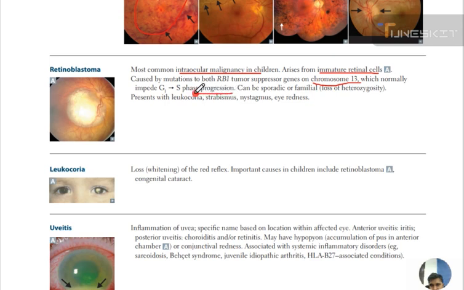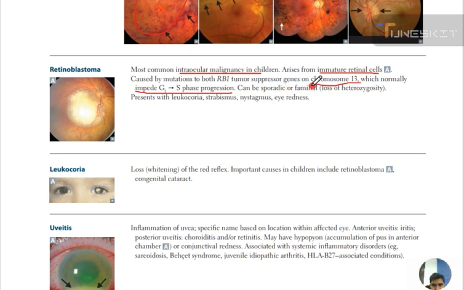So the tumor suppressor gene which impedes G1 to S phase progression is absent. So there would be no impedance and increased conversion of G1 to S phase, increased mitosis, and obviously increased growth.